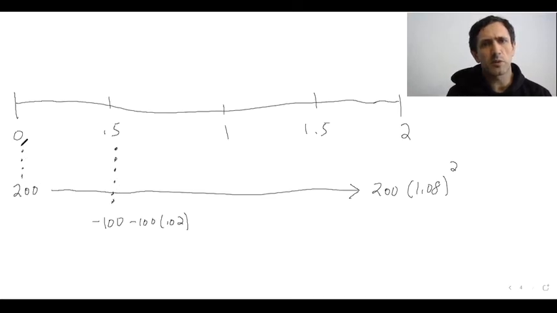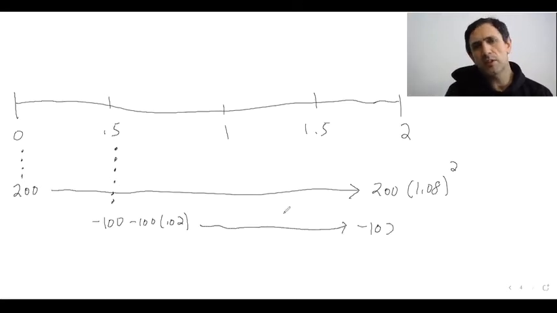This is at t equals 0. This is the initial time. This is after 6 months, et cetera. So this is minus 102, and practically speaking, $102 is leaving the account one way or another, because you're withdrawing 100 and you have a 2% penalty on that 100.